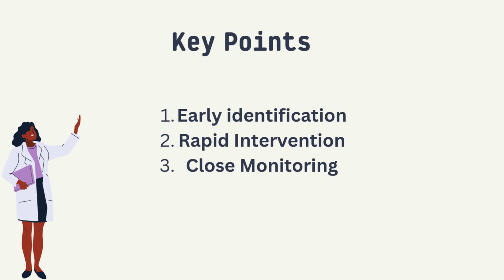So the key point when we are summarizing the topic here is early identification. Look out for vital signs, deterioration or worsening symptoms, and once you have identified, escalate it to the team and have a look at what is being prescribed.